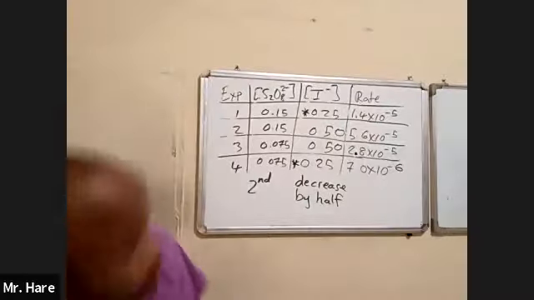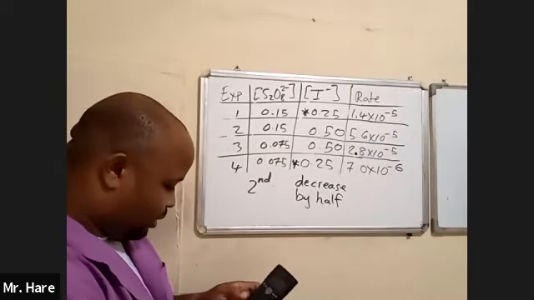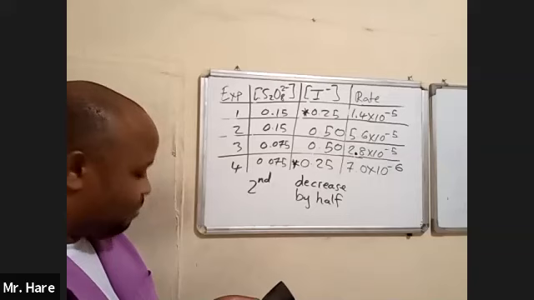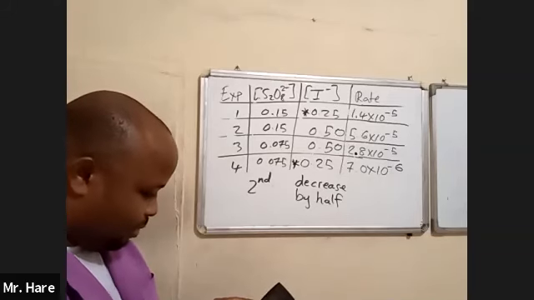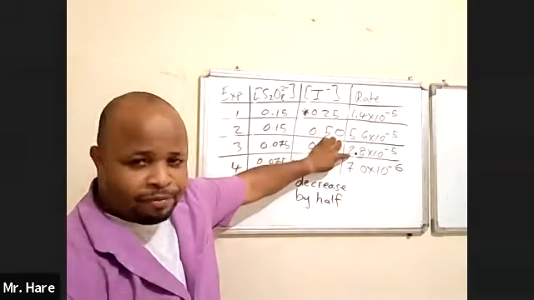Sir, I'm still not getting the 4. You're still not getting the 4? All right, let us see. Sir, I'm not getting the 4 either. Give me a second. No, make it 2.8 times 10 to the -5.